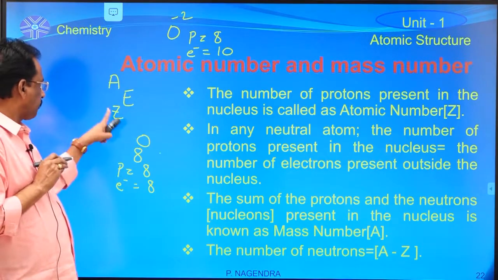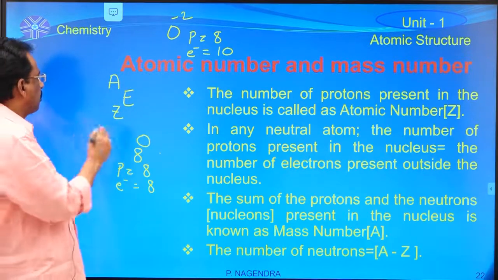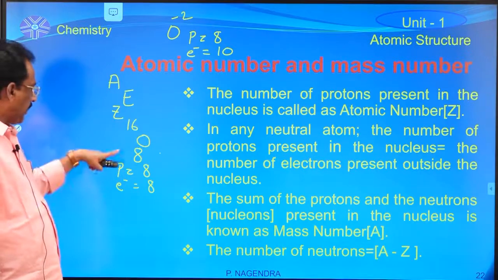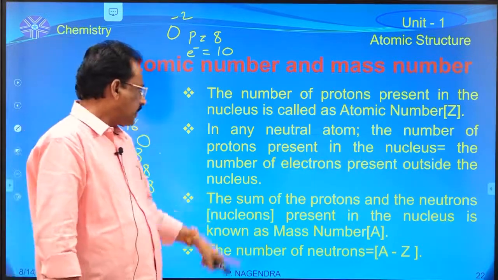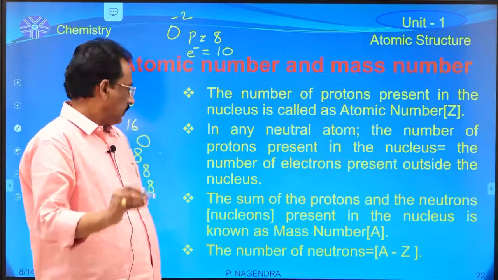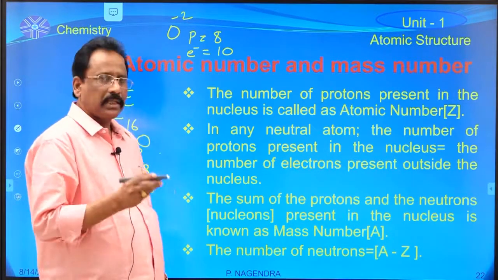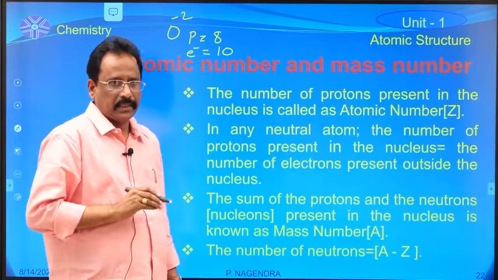This is the subscript. This is the representation of any element. For example, the oxygen representation is like this, 8O16. Mass number explains the number of nucleons present in the nucleus.